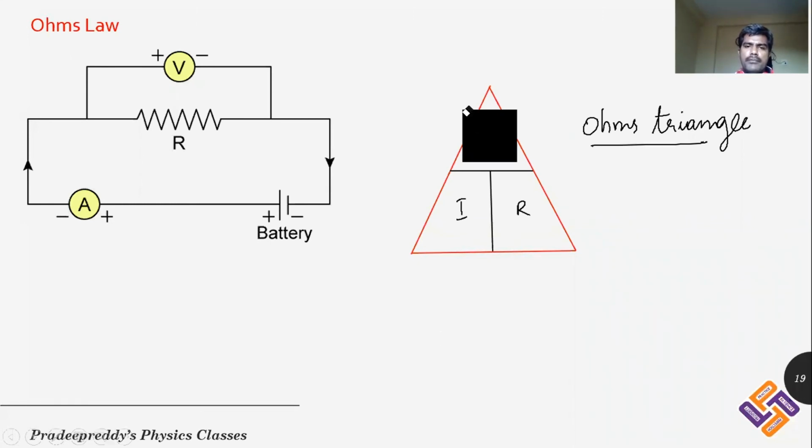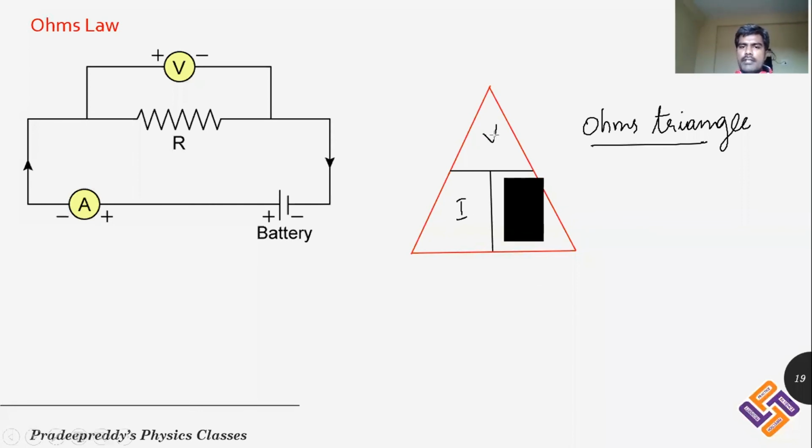Similarly, if you want to find the equation for current, what will you do? You will close this current I. What is left over? It is V by R. I is equal to V divided by R. Similarly, if you want to find the equation for resistance, you will close resistance.